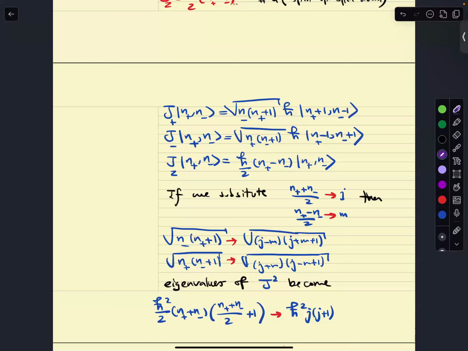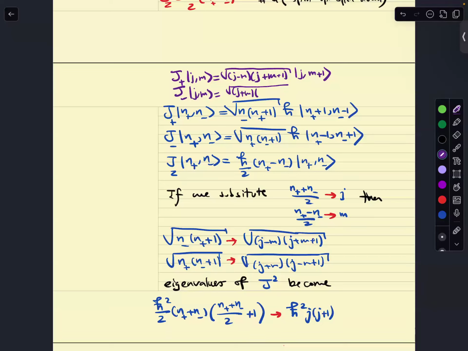You realize that these relations are nothing but J plus acting on jm is J minus j plus m plus 1 times j m plus 1, and J minus. These are the SU(2) relations we'd found before. So after this change of variables, these equations become this, and these are familiar, hopefully, from the SU(2) case when we worked this out.